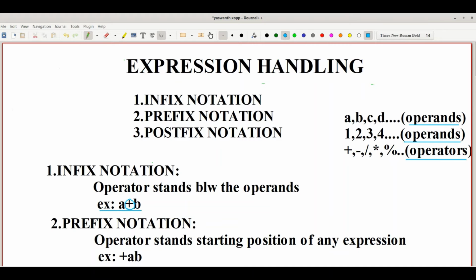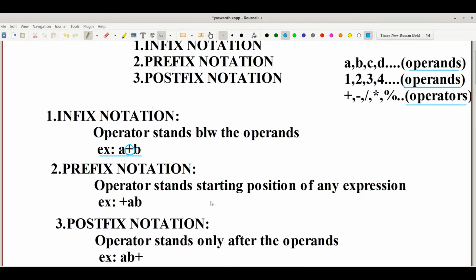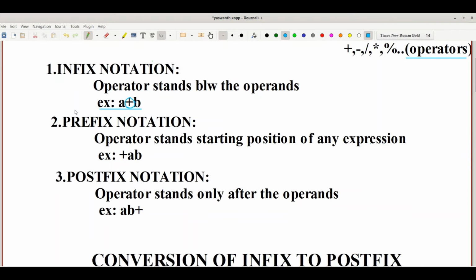Next, what is prefix notation? Prefix notation is where the operator stands at the starting position of the expression. For example, plus AB, which means plus is at the starting position of the expression. So this is known as prefix notation.